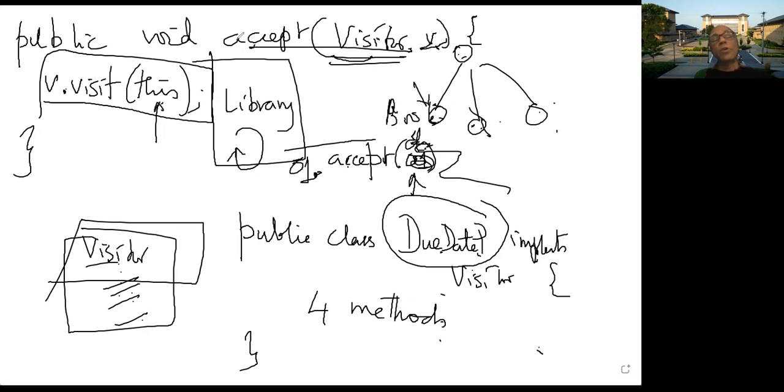It is only if you are looking at all the items in a specific hierarchy and work on that. And it also has limitations. If you add a new class here, the visitor interface is already done, so you can't really accommodate that new class in this pattern. So that is a drawback.